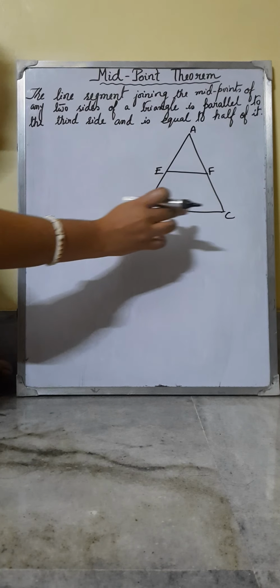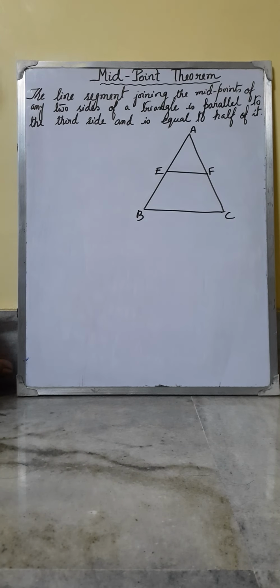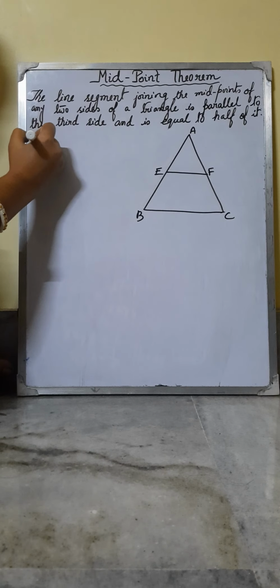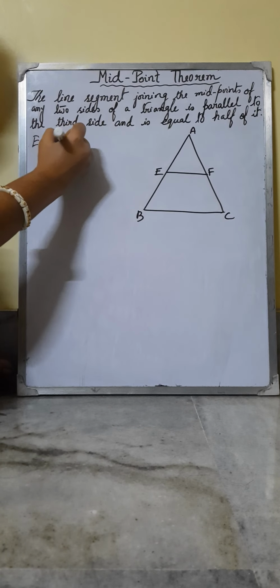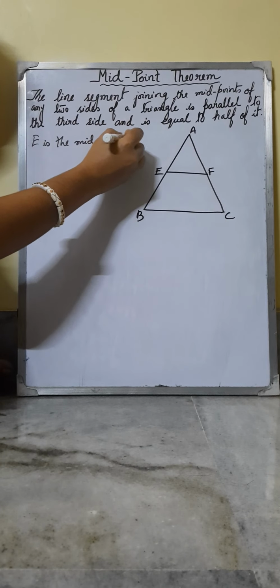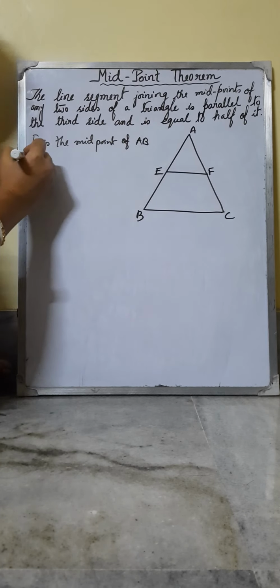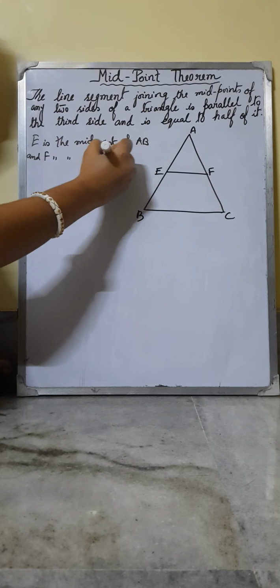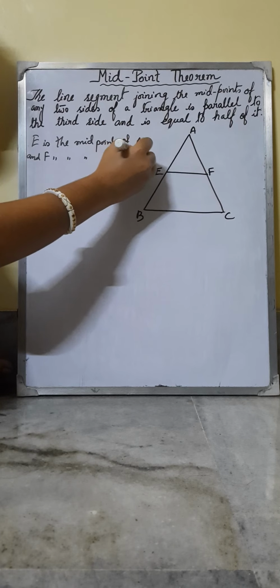Suppose ABC is a triangle and E is the midpoint of AB, and F is the midpoint of AC.